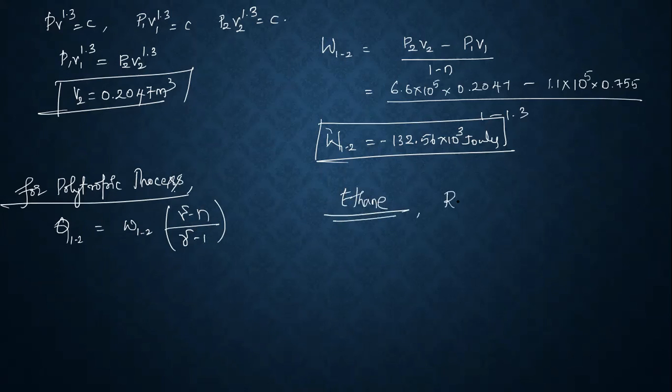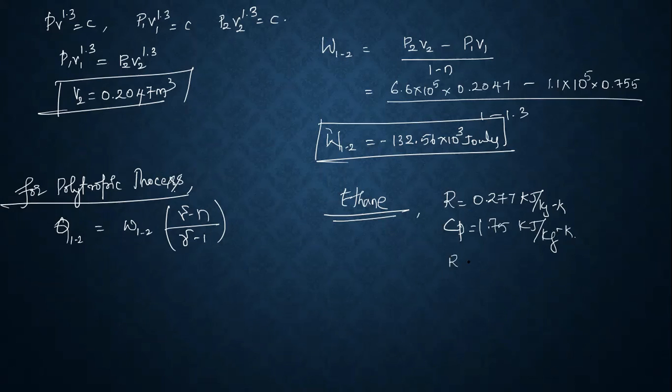For ethane we know R is equal to 0.277 kilojoules per kg Kelvin, and also in the data they have given that Cp value, that is 1.75 kilojoules per kg Kelvin.